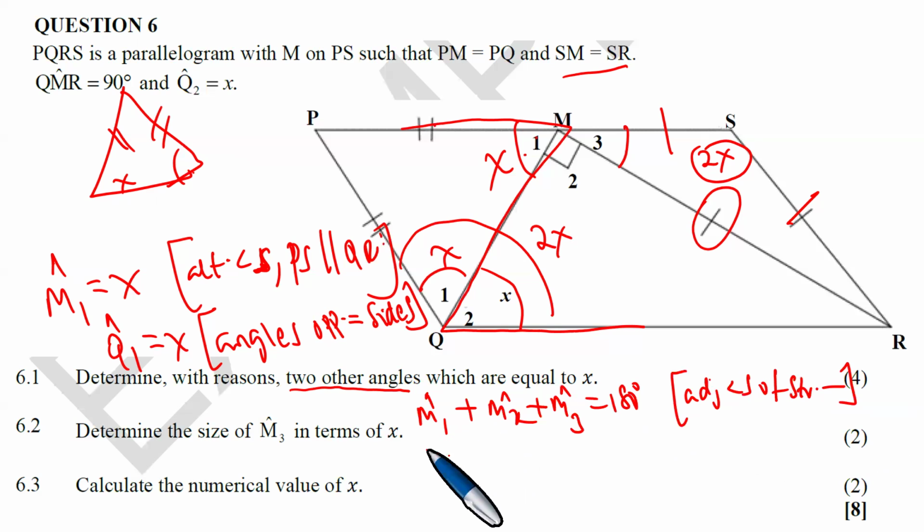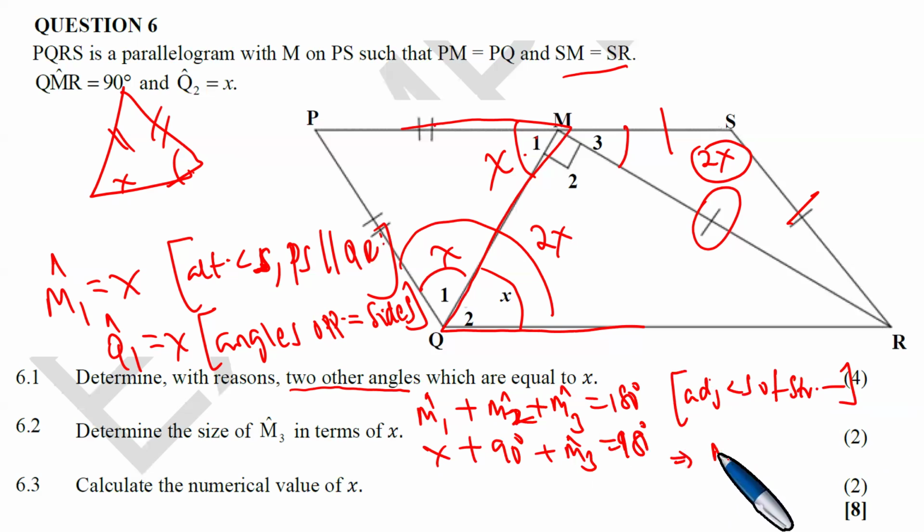Angle M1 is X, angle M2 is 90 degrees, plus angle M3 equals 180 degrees. Because this is a straight line, and PQRS is a parallelogram.